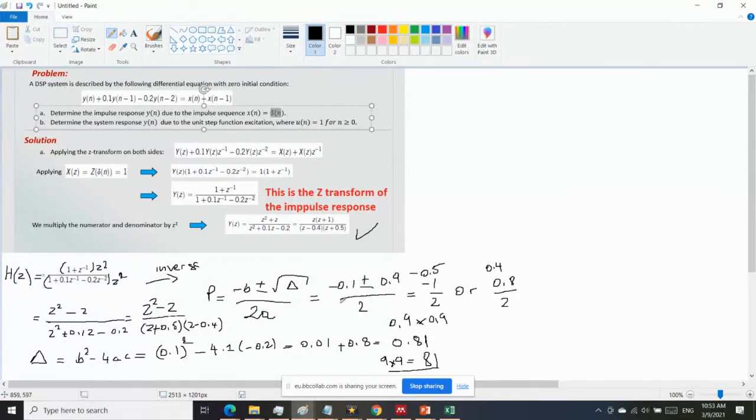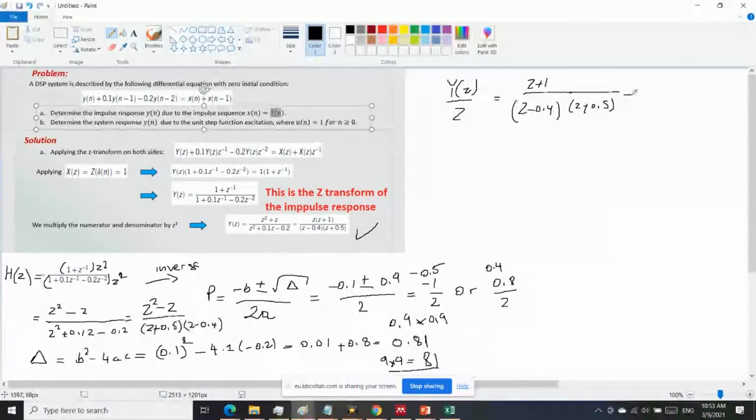That's it. Okay, so now we divide by z. It becomes (z minus 1) over (z minus 0.4) multiplied by (z plus 0.5).